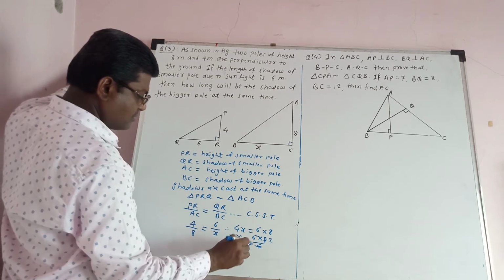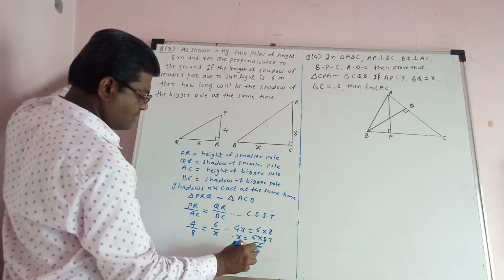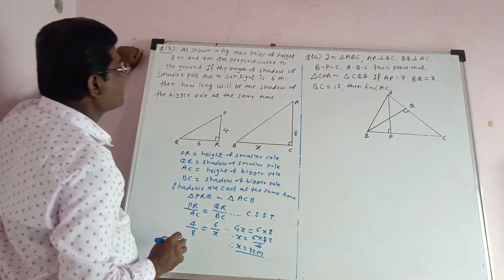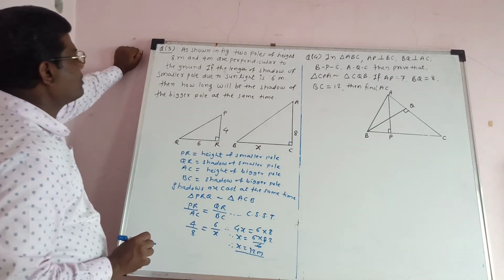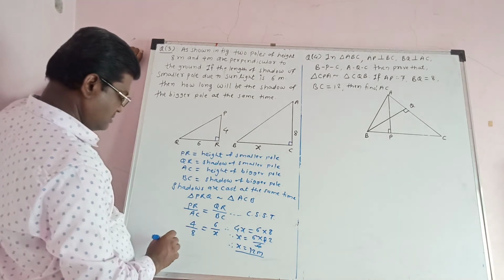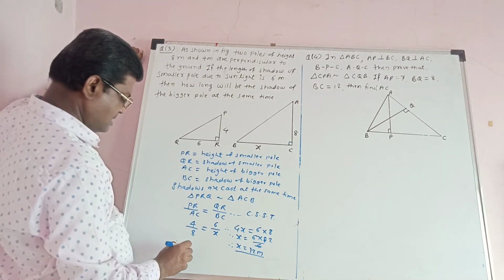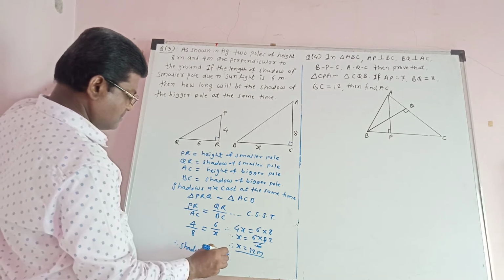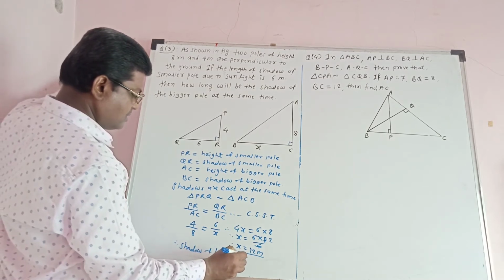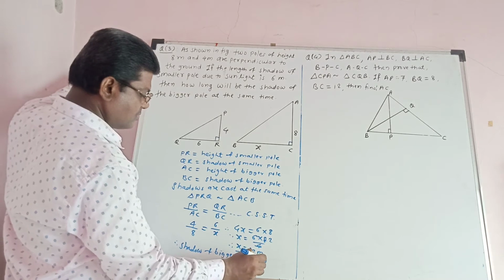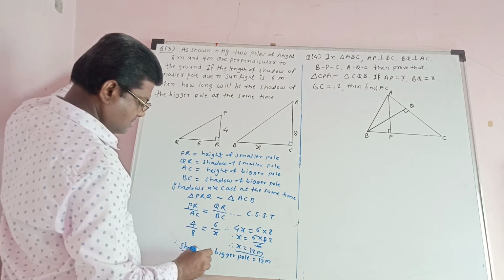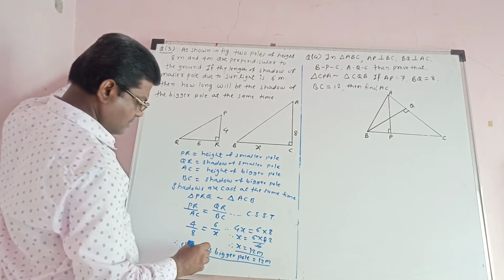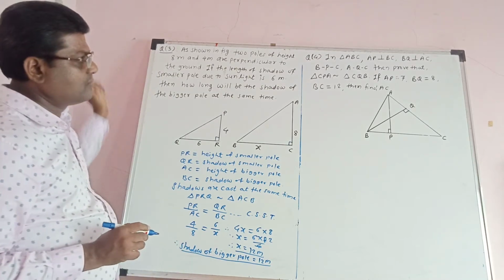Therefore, X is equal to 6 into 2, 12 meter. Therefore, shadow of bigger pole is equal to 12 meter.